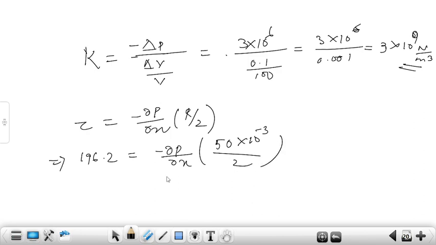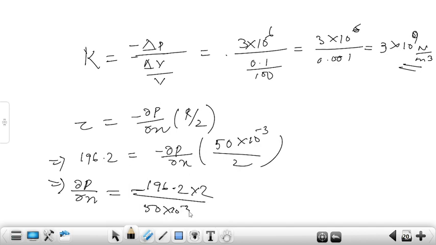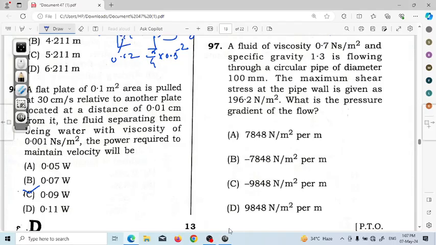So del p by del x is equal to minus 196.2 into 2 divided by 50 into 10 to the power minus 3. So the answer will be minus 7848 Newton per meter square per meter. Option B is the correct answer.